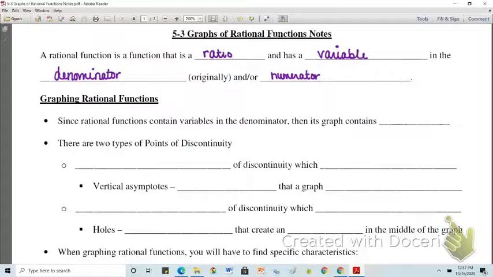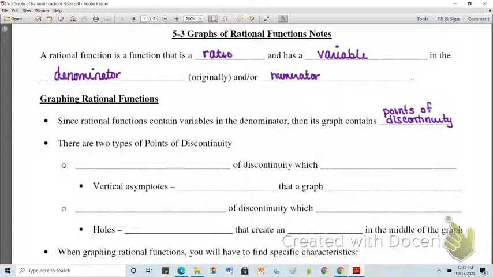Since a rational function contains variables in the denominator, the graph is going to contain points of discontinuity. These are points where I would have to lift my pencil up to start somewhere else.